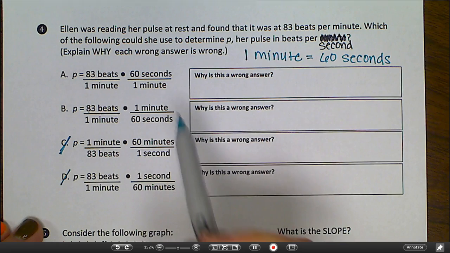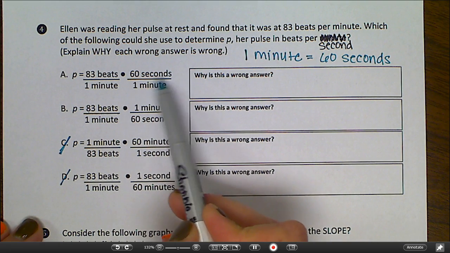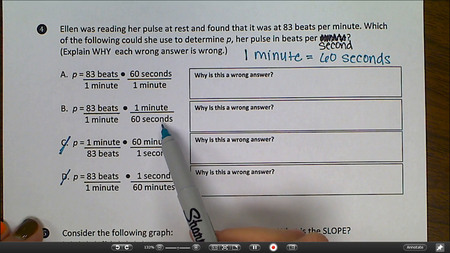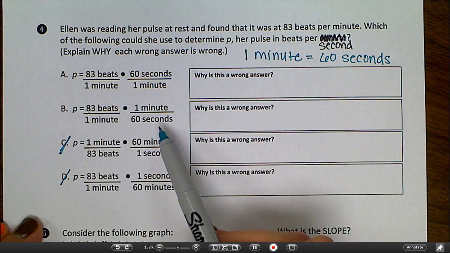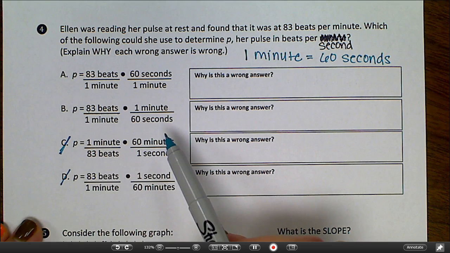So the only difference in the two that we have left is that this one has seconds on top and this one has minutes on top. Now, I don't want to confuse you, because we know that whenever we're solving a proportion, we have to be consistent. So if I'm going to do minutes over seconds, I have to keep it minutes over seconds for the whole problem.